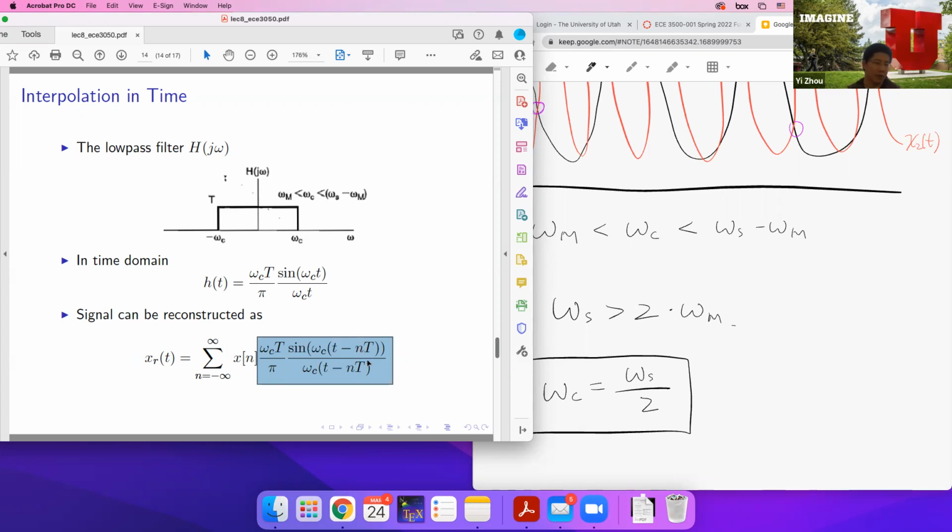And you will scale such a sinc signal by x[n]. And at the end, you will superpose all these scaled sinc type signals together in order to reconstruct your underlying signal. So x[n] is the discrete samples and T is the sampling period.